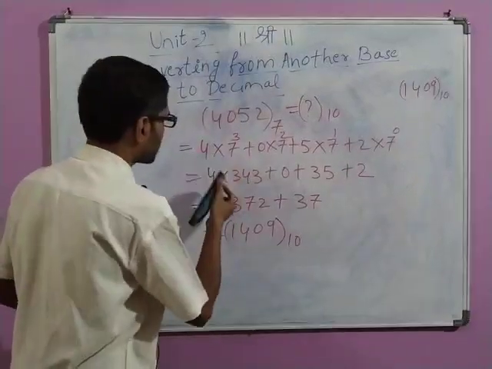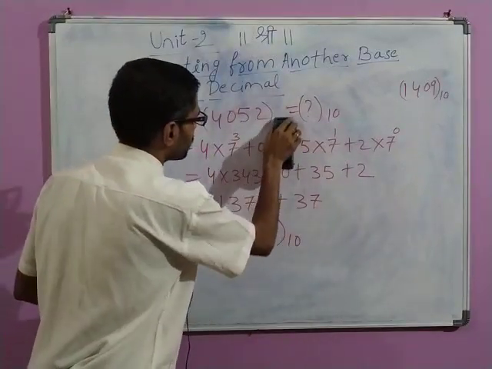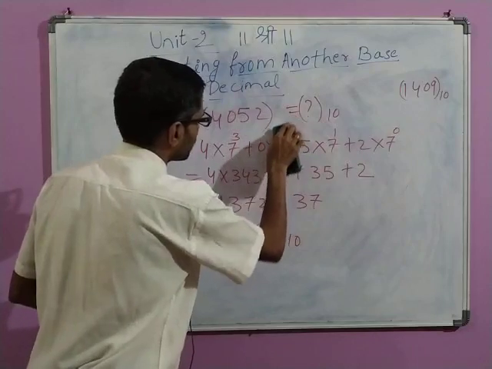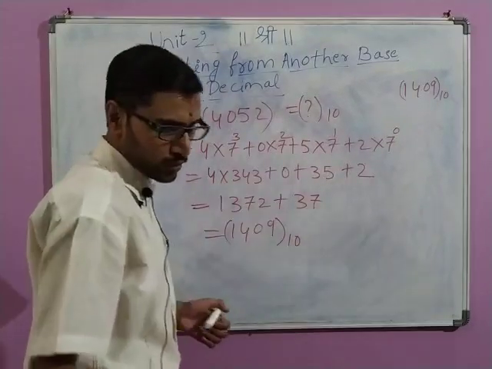So we'll take the same example. Instead of 7, we can write this as 6, and let us understand how it works.